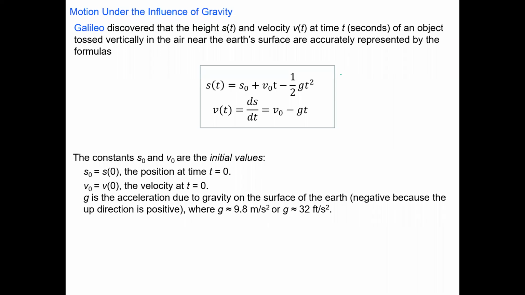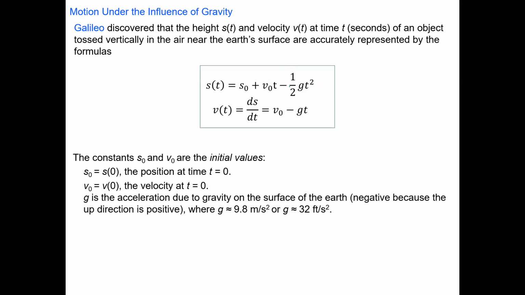And you probably saw this formula. Position function is defined as an initial position plus initial velocity times t minus 1/2 g t squared. g is the acceleration due to the gravity.